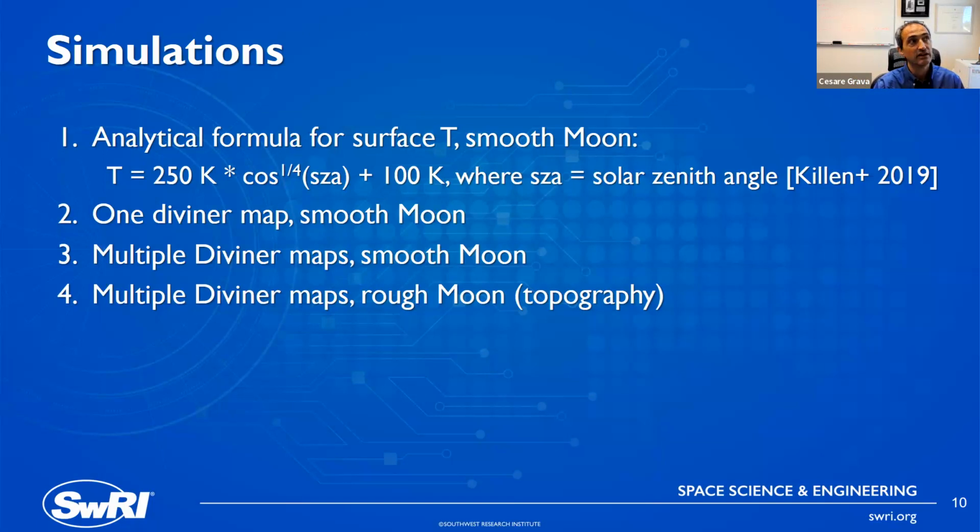And I found that the best solution is 2 lunar minutes. So every 2 lunar minutes, I change the temperature map. And this is about 725 of the Diviner maps. The last simulation keeps the Diviner maps and adds the topography and sees how things change.